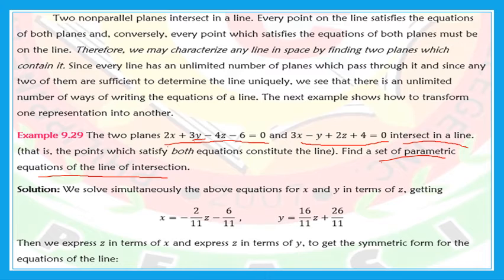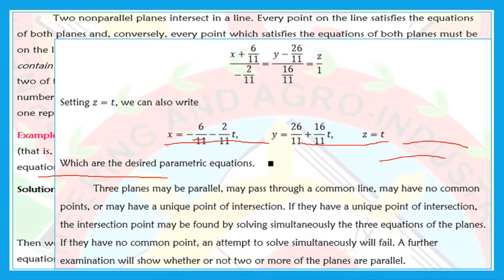Okay. Then we express z in terms of x and express z in terms of y. To get the symmetric form for the equations of the line, x plus 6 over 11 divided by negative 2 over 11 is i-equate lang natin siya. So, setting z is equal to t, you can also write.